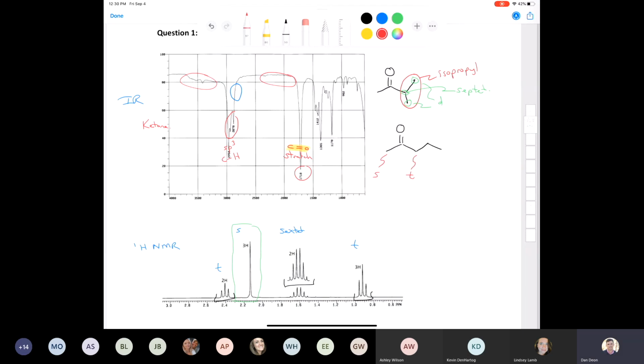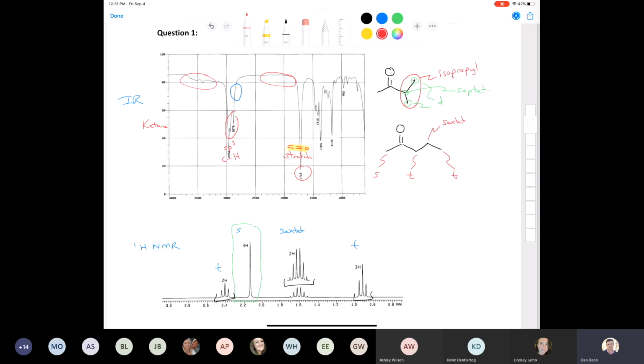If I look at this methylene right here, it's coupled next to 5 protons. And so again, employing the n plus 1 rule, 5 plus 1 gives me 6, and that would be my sextet. The last methyl group over here is coupled next to these 2 protons of the methylene, and so that would also give me a triplet.